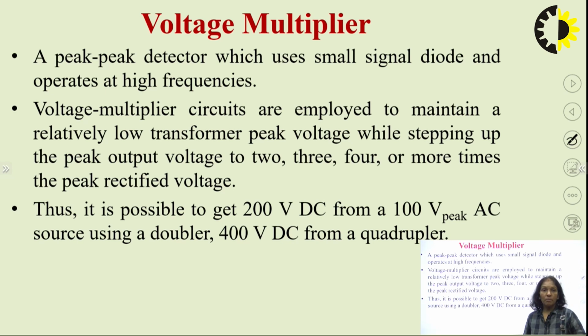So, with the help of a voltage multiplier circuit, you can get an output voltage which is a multiple of the rectified voltage of the transformer.